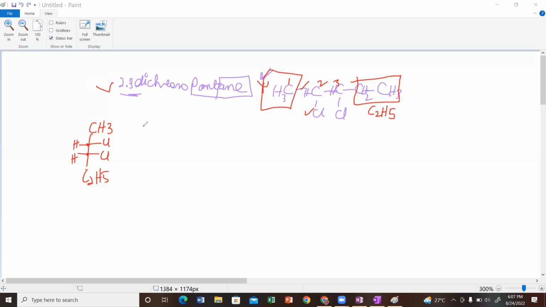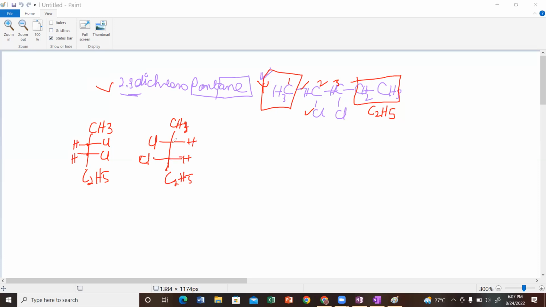But what if I arrange the chlorines on this side? Like both chlorines, I'm going to arrange this time on this side. So we have the same C2H5 as one terminal, CH3 as another terminal, and two chlorines and two hydrogens on these central carbons.